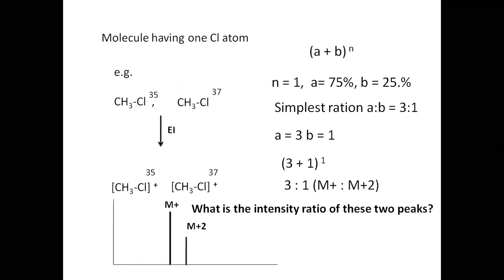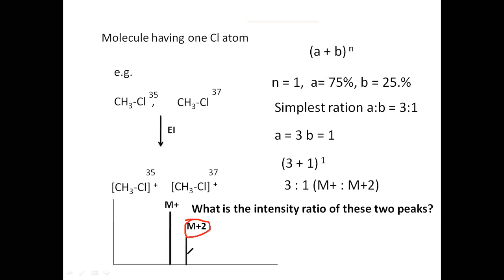The peak ratio means that the M plus peak, or molecular ion peak, would be 3 times more intense compared to the M plus 2 ion peak.